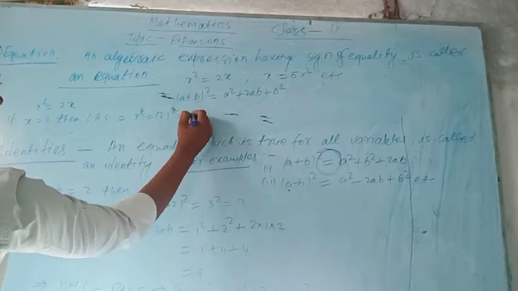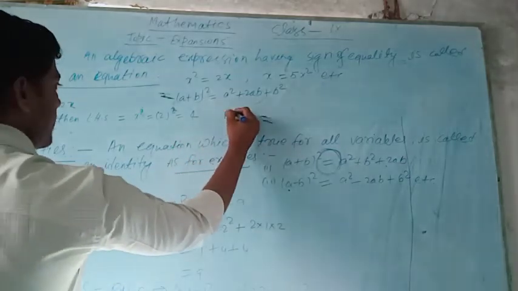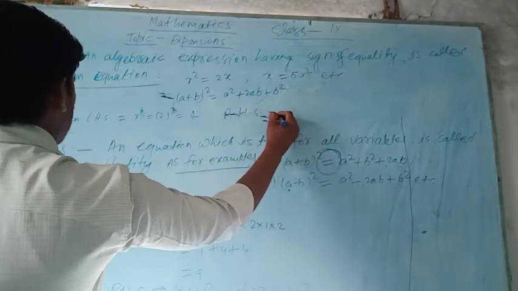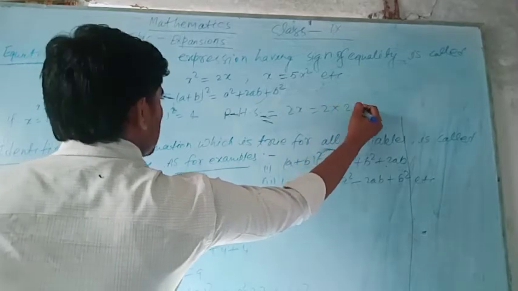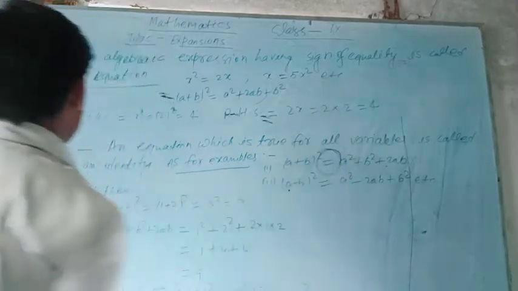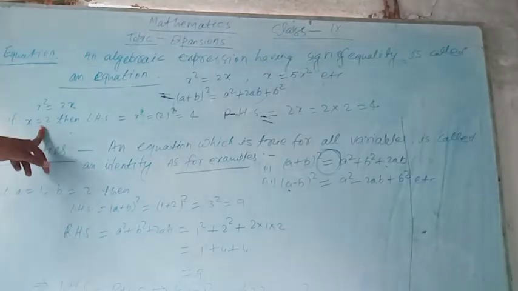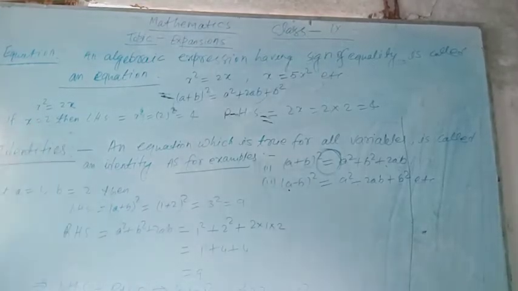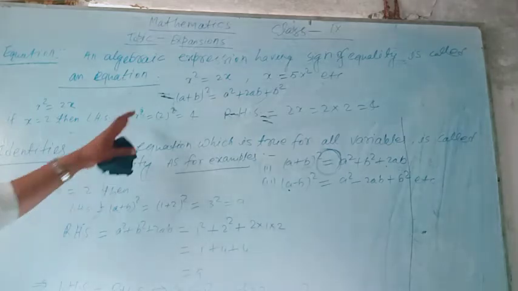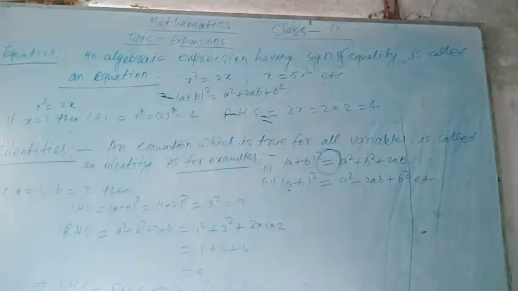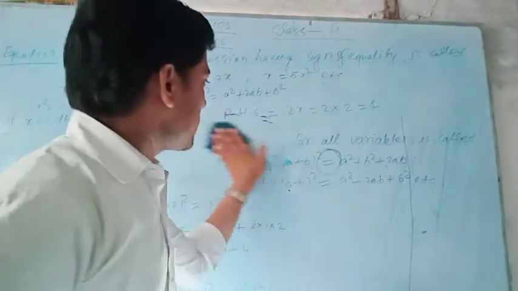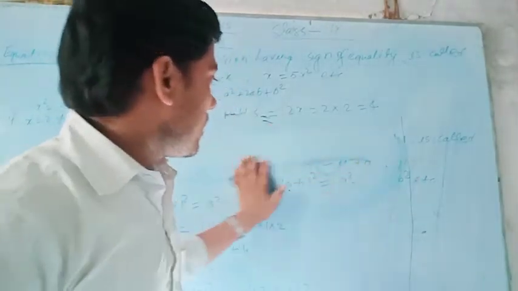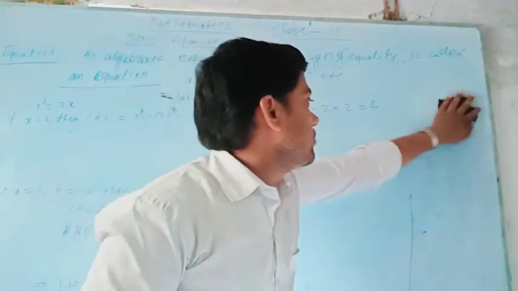In this equation, LHS and RHS are equal for x is equal to 2. But if we change the value of x, then it can differ. How can it differ?